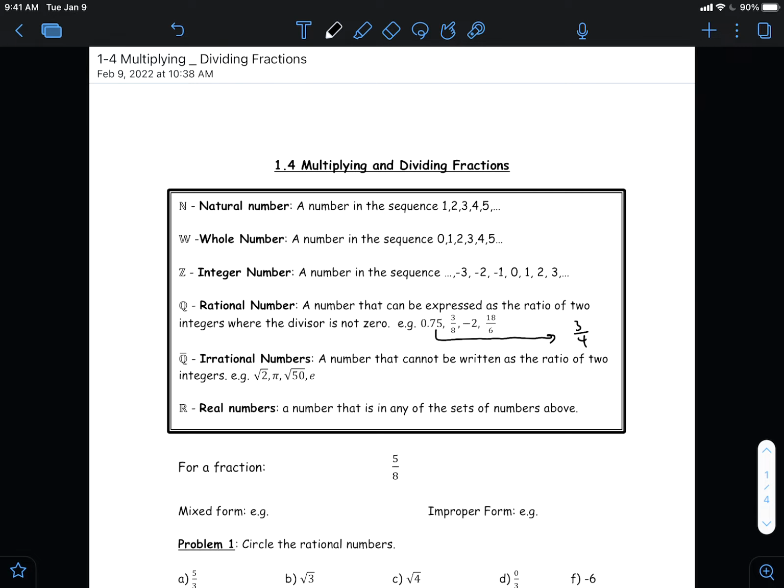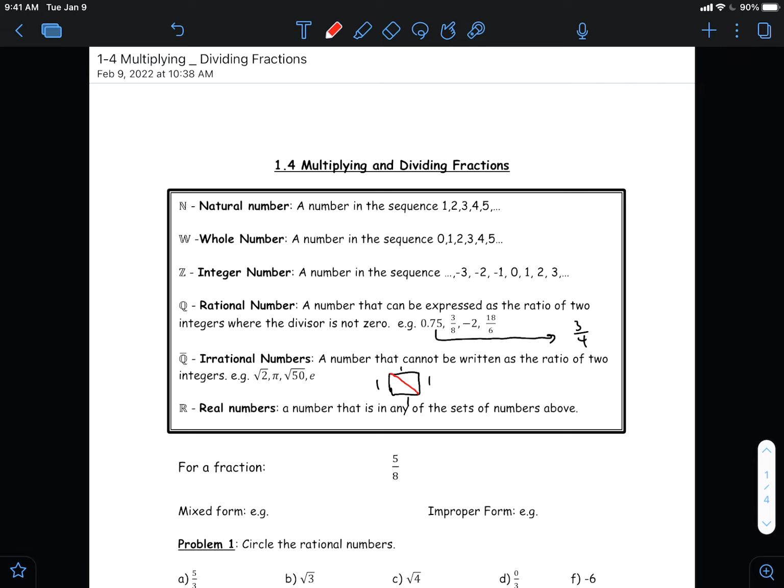An irrational number cannot be written as the ratio of two integers. So for instance, Miss Beer said, this is a good little activity here. This is a 1 by 1 by 1 by 1 kind of box. And if you wanted to measure something across the diagonal, how would you find that?